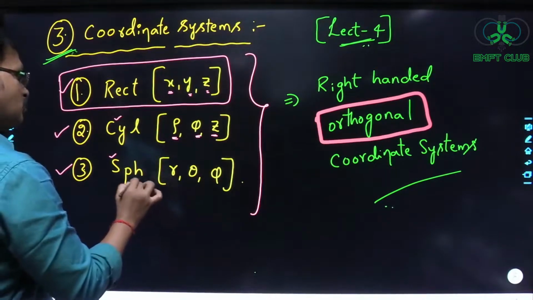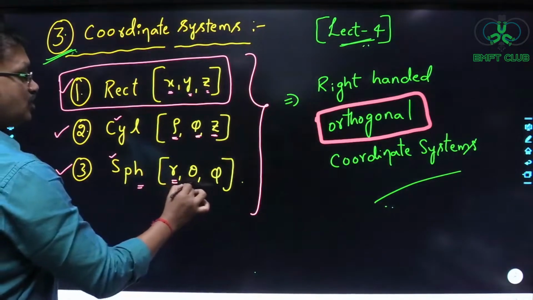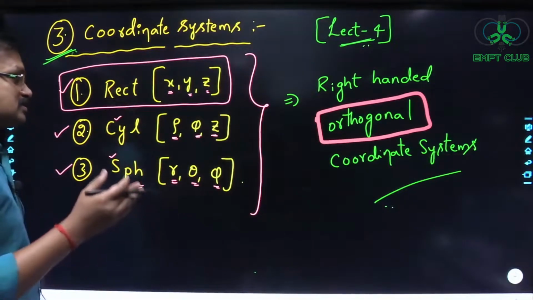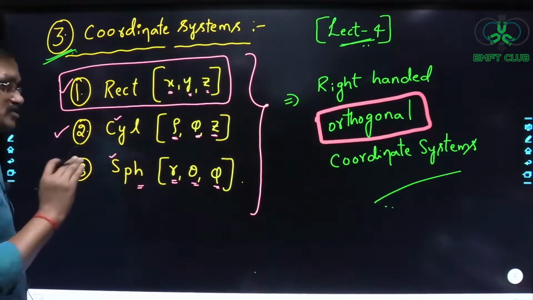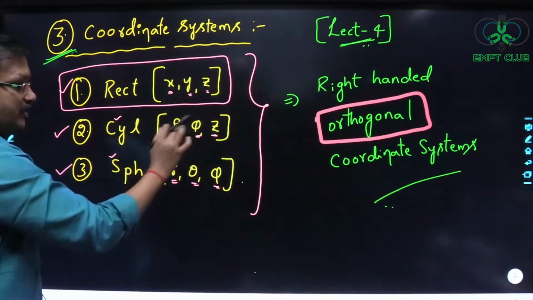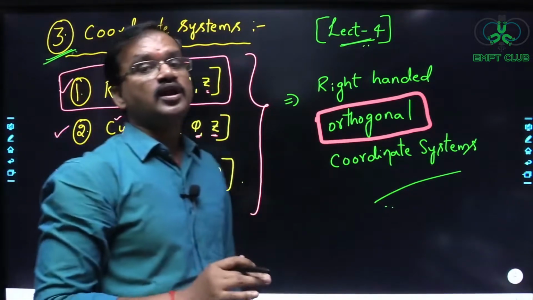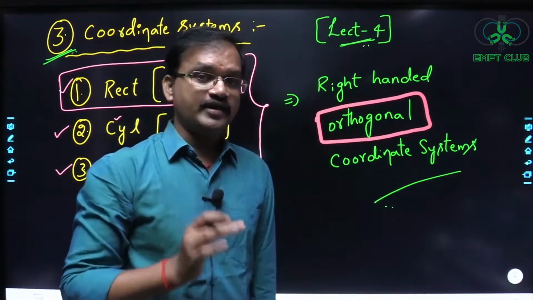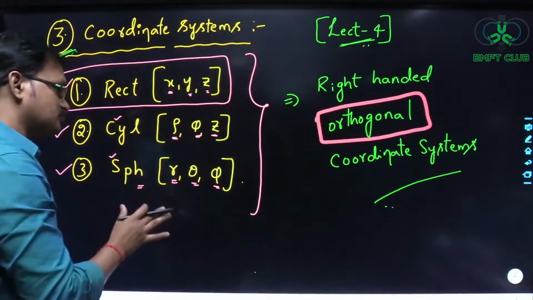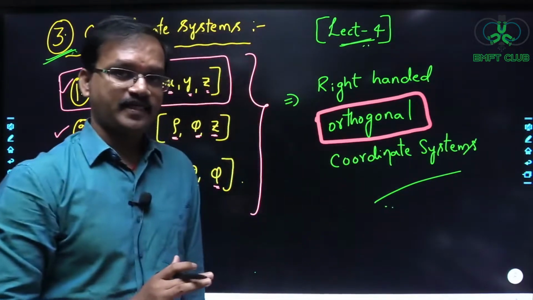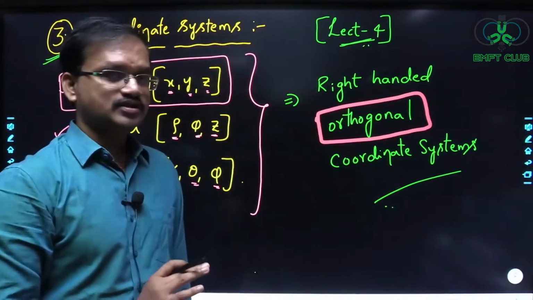And in the spherical coordinate system, the coordinates r, theta and phi are mutually perpendicular to one another. Since in all the coordinate systems all 3 coordinates are mutually perpendicular, we call these orthogonal coordinate systems. I hope it is crystal clear.